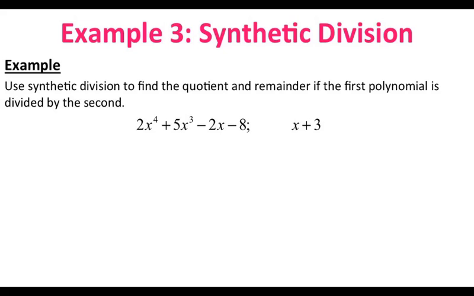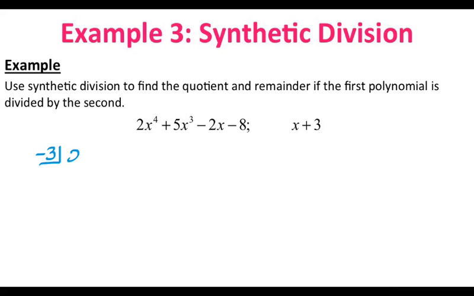For synthetic division, you start by putting your box in the corner. What goes in that box is going to be the opposite of that value right there, so it's essentially your c. Since I'm dividing by x plus 3, I'm going to put negative 3 in that box. Synthetic division only works with the coefficients, so we're going to list out the coefficients.